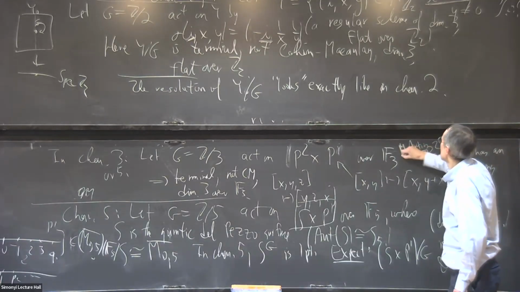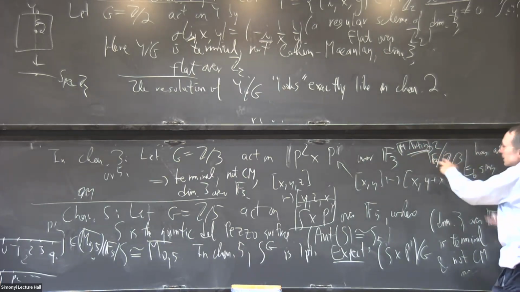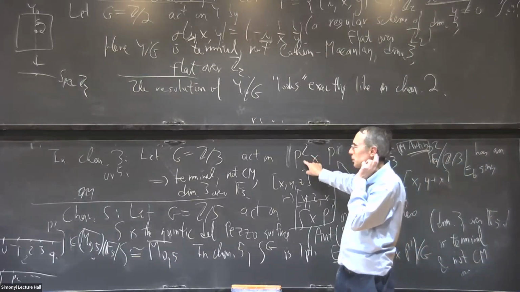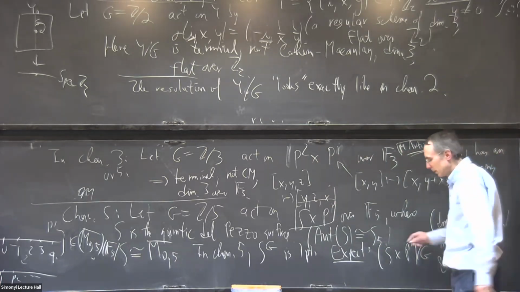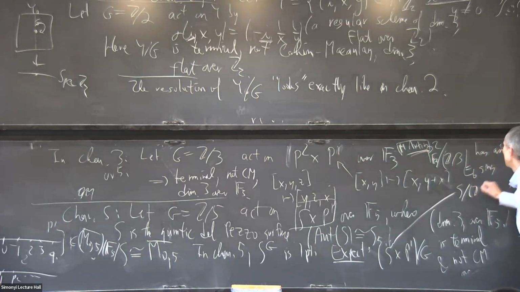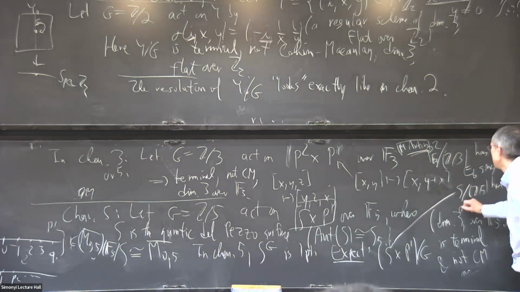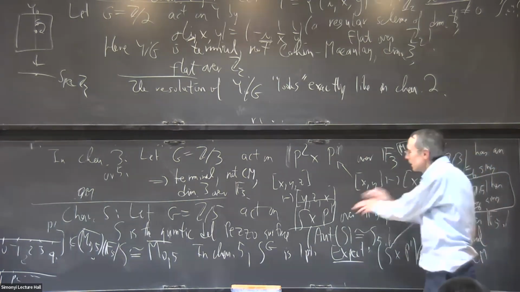But it's the simplest that could happen in characteristic 3. So there's a reason to think this is the simplest way Z mod 3 can have a fixed point on the surface in characteristic 3. There's a similar story here. If you take S mod Z mod 5, this has an E8 singularity in characteristic 5, which looks complicated if you use characteristic 0, but that's the simplest that could happen in characteristic 5. So there's some evidence that leads you to these examples.